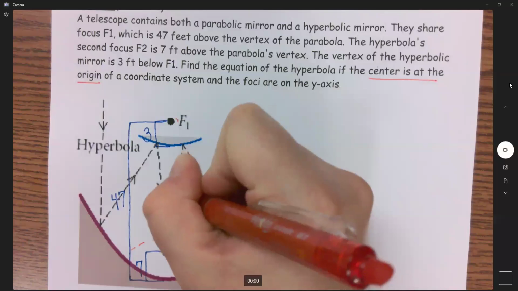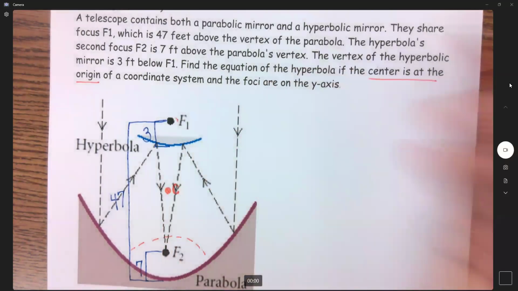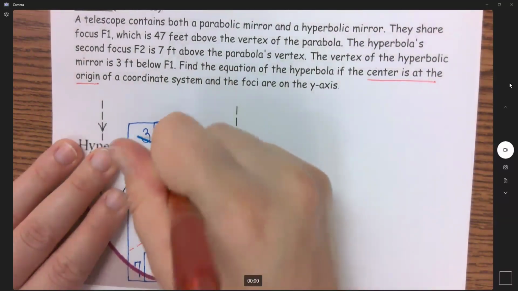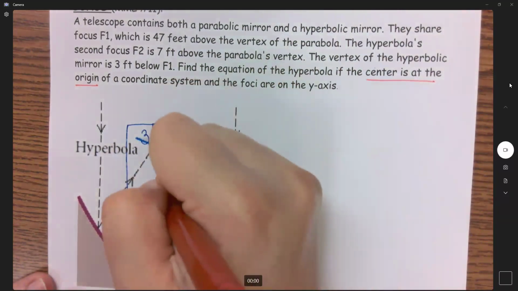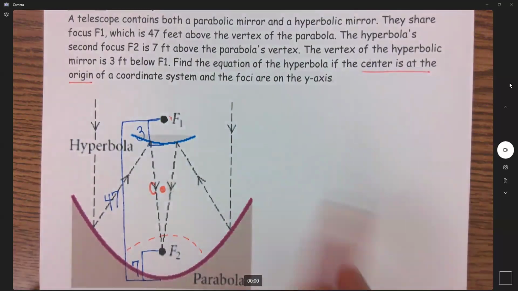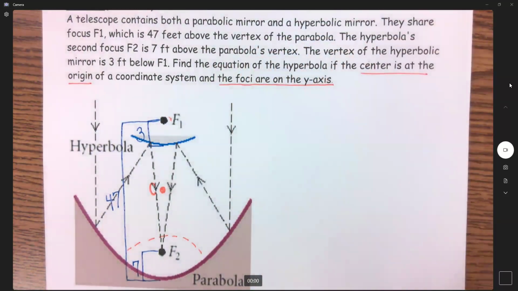So that's going to be right here in the center somewhere. C right here.